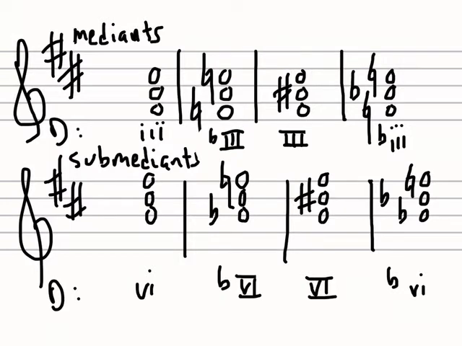So here in this example, in the key of D, the 3 chord is an F sharp minor chord. If I borrow from the key of D minor, then the 3 chord is a major chord.